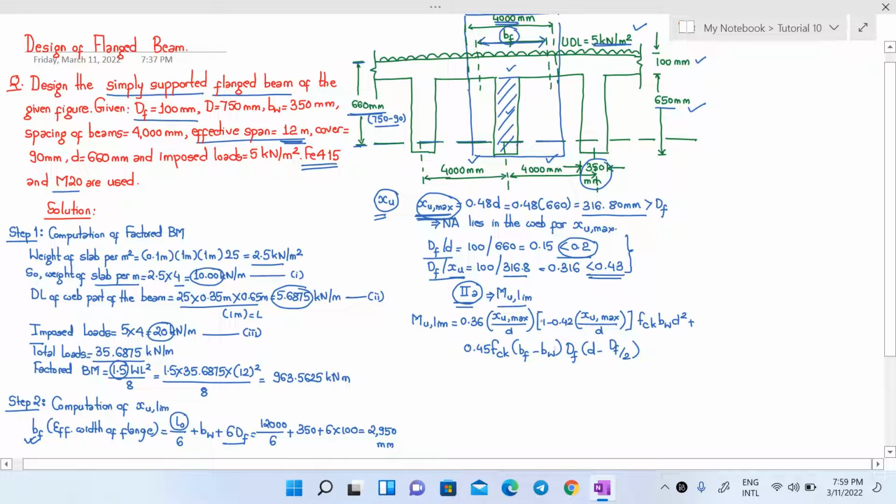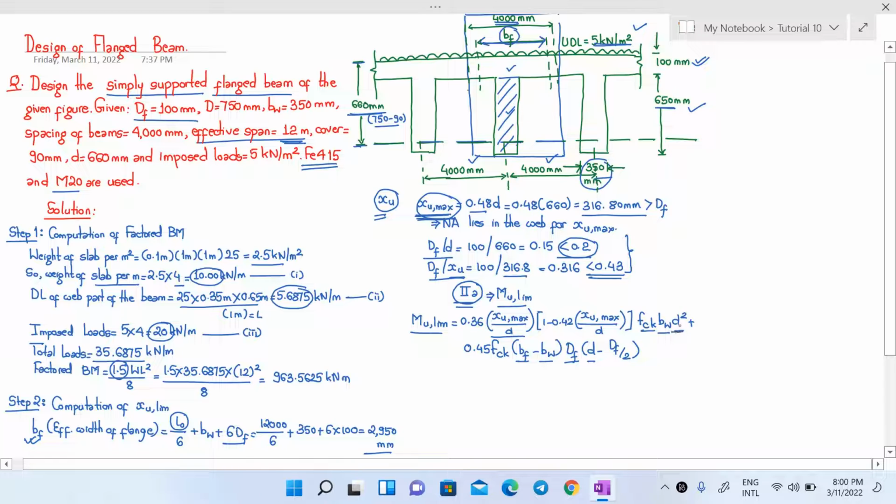I'm not going to write the next step, but I'm directly going to write the value of Mu limiting. Xumax by d is 0.48, fck is 20, bw is the breadth of the web part, which is 350 mm, and d here is 650 mm, that means the effective depth. bf is the width of our flange, the effective width that we calculated here, 2950, bw is 350 again, Df is 100 mm, and d is 660 mm.